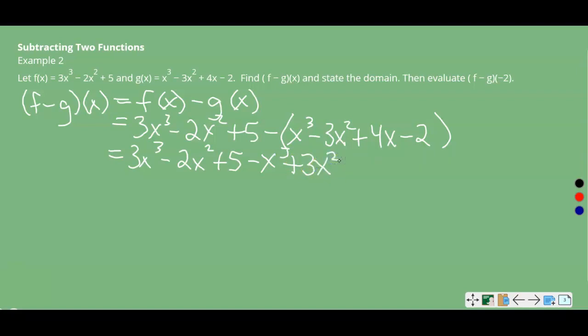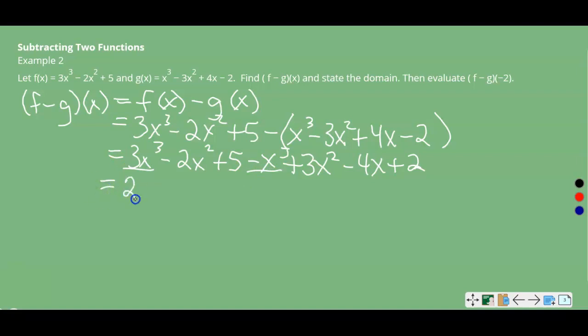Negative times 4x is negative 4x. And negative times negative 2 is plus 2. At that point, we can drop the parentheses because we have distributed the negative, so we've subtracted all of g of x. Now we need to combine like terms. We're going to start with our highest exponent, so we have 3x cubed minus 1x cubed.